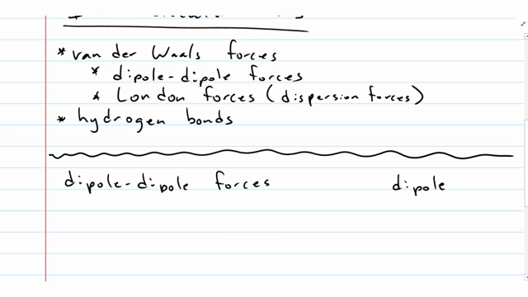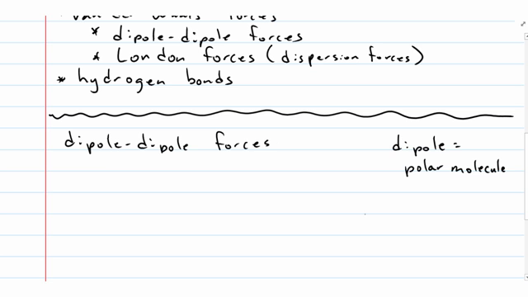It's going to be a polar molecule. Something that has two poles. And so dipole is the same as a polar molecule, because a polar molecule has two poles. It has a partially positive pole, partial negative pole. And so these are forces that act between polar molecules.